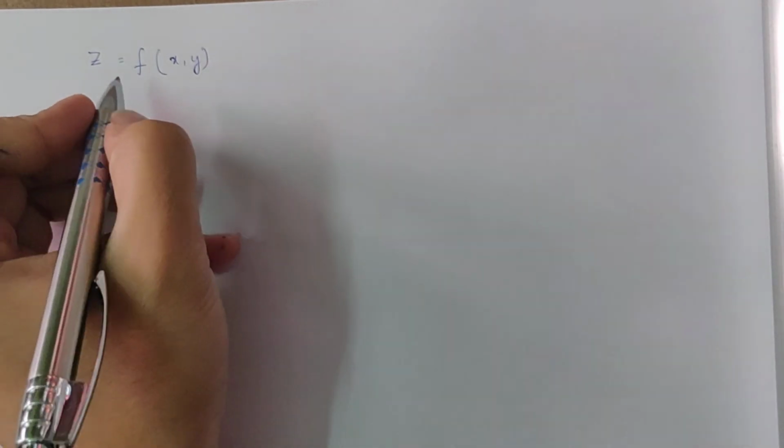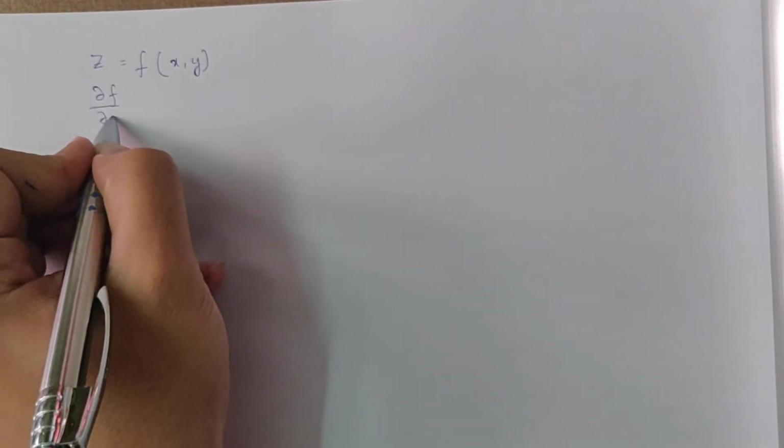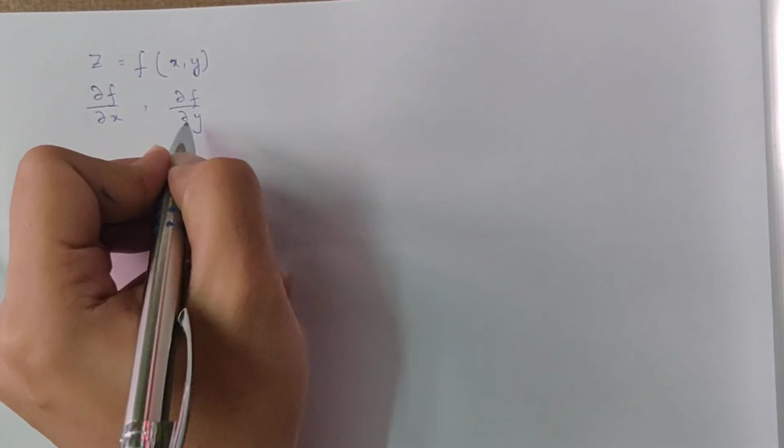Now, in the earlier lecture, we saw that when I have a function z is equal to a function of x and y, I know del f del x exists and del f del y exists.